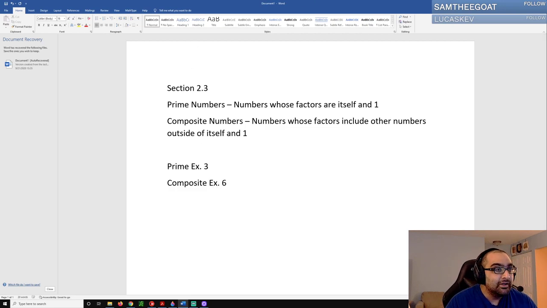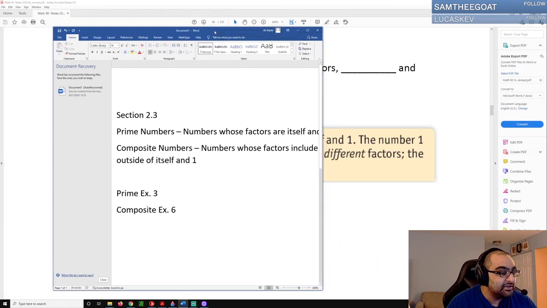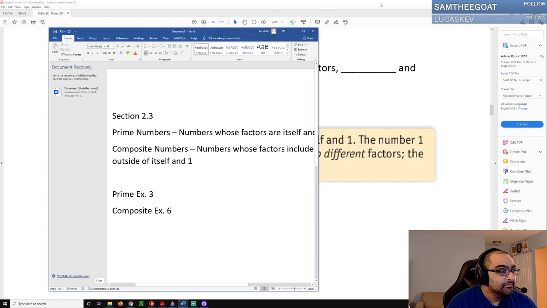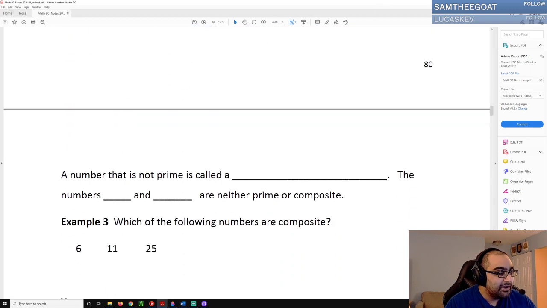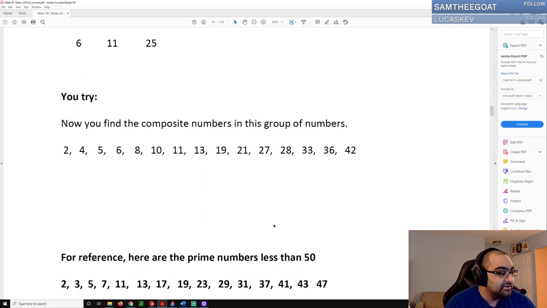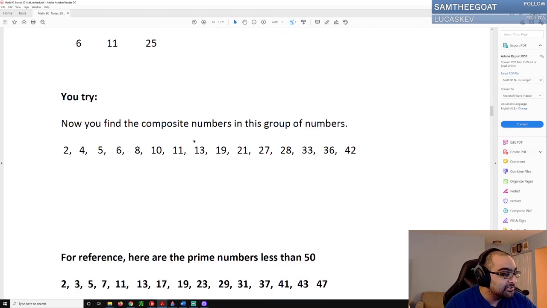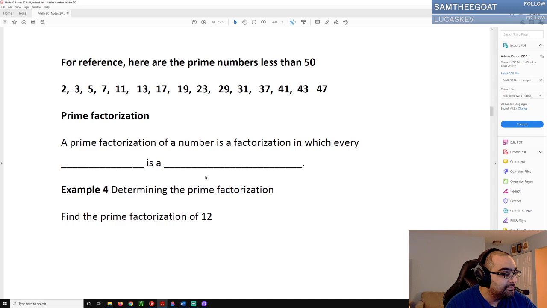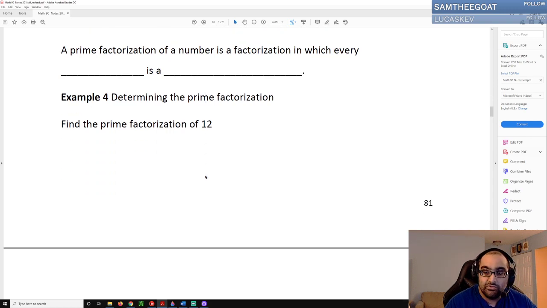Now, today what we're going to be doing is expanding on this topic a little bit. Let's discuss more about prime and composite numbers. We looked at last time what was a prime number and what was a composite number. That was all well and good. But today we're going to talk about prime factorization.